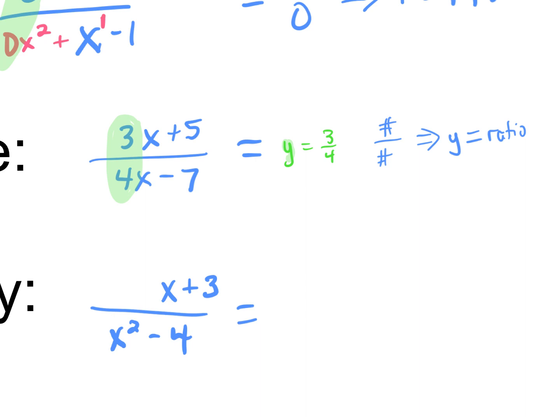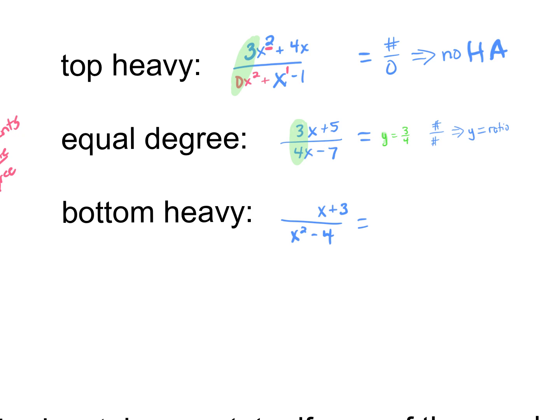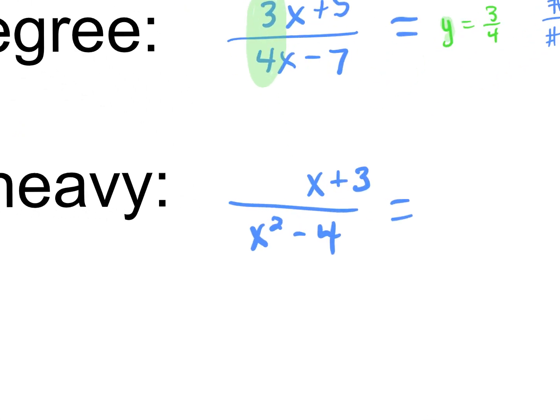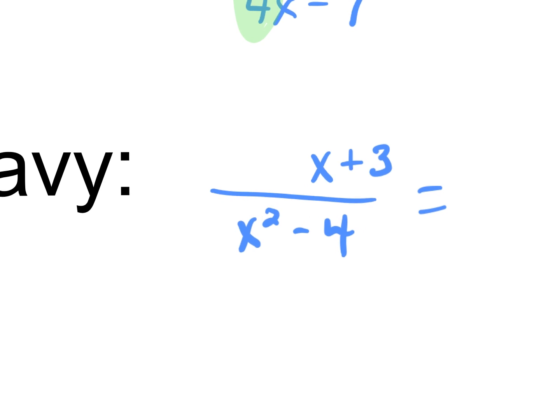Okay. The last situation we are looking at is if we are bottom heavy. And in that particular situation, that means the degree in the denominator is greater than the degree in the numerator. So we want to add a placeholder, so that means we need to add a 0x squared in this case.